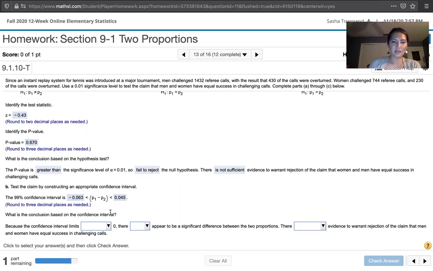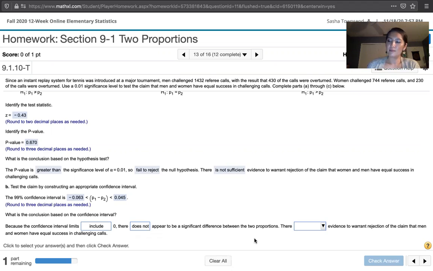Because if 0 is in the interval, that means P1 and P2 could be equal to each other. It says, so let's select the right boxes here. It says, because the confidence interval limits include 0 in this case, because we're going from a negative value to a positive value, there does not appear to be a significant difference between the two proportions. Or in other words, P1 and P2 may be equal to each other.